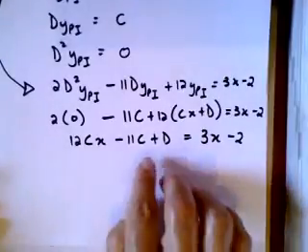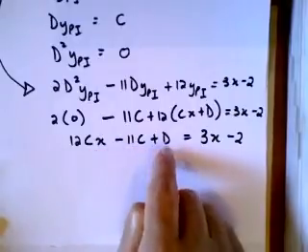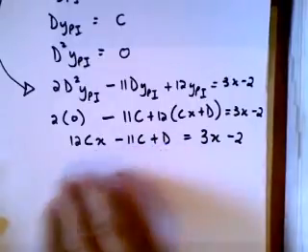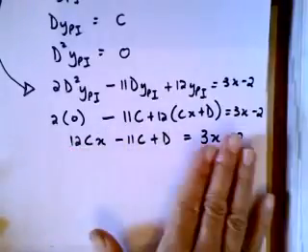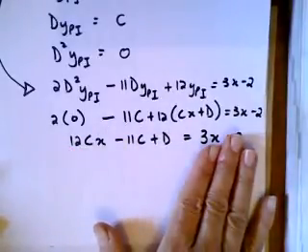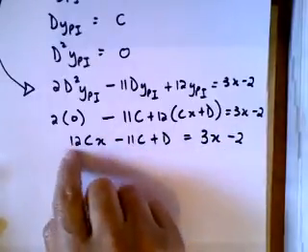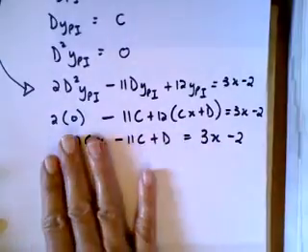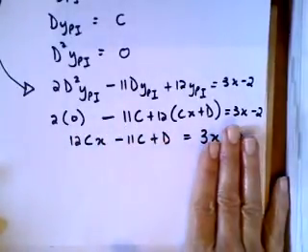Okay, so now what we need to do is find the coefficients c and d. And the way we do that is because we've got an equation, the left-hand side is supposed to equal the right-hand side of the equation. It means that all your like terms on the left-hand side must equal the like terms on your right-hand side.